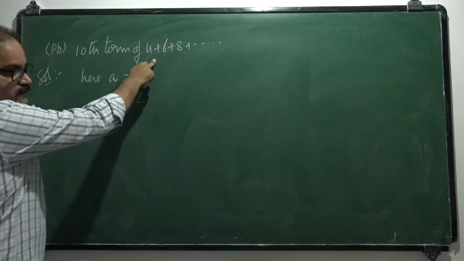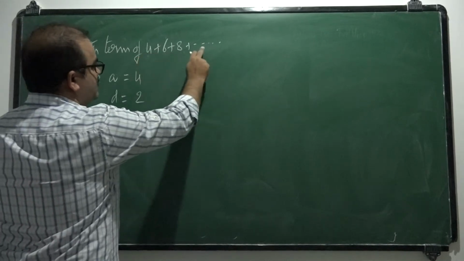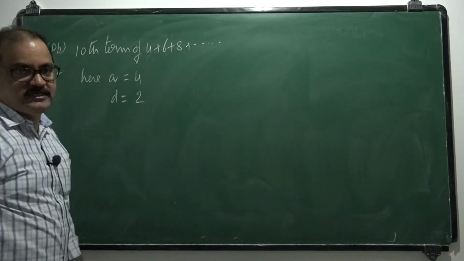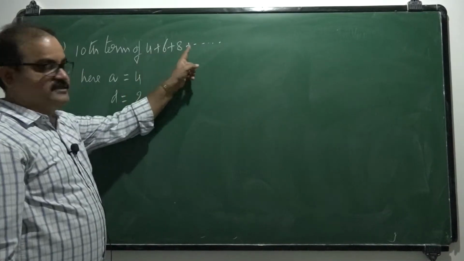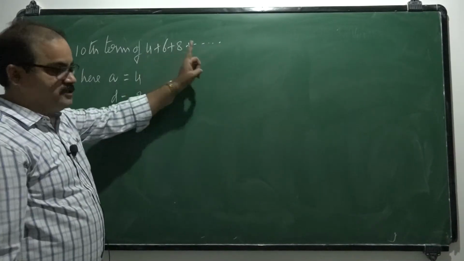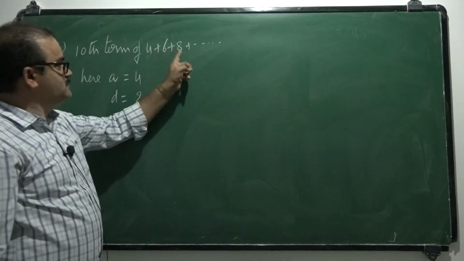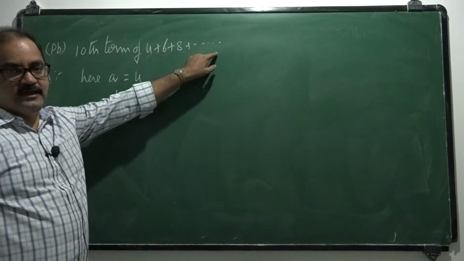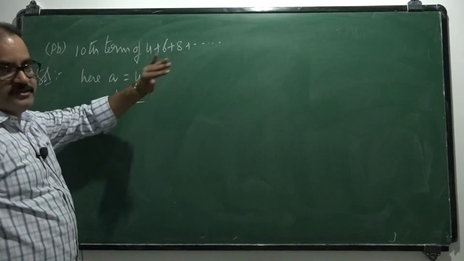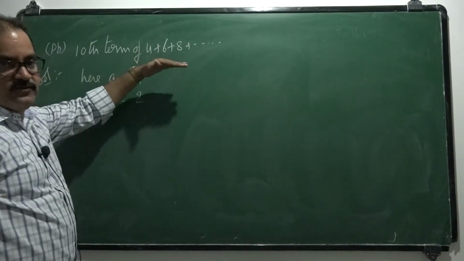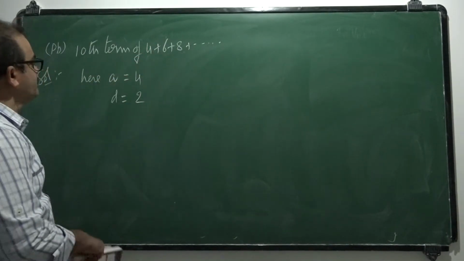First of all, we identify whether the series is in arithmetic progression or in geometric progression. If the common difference is constant, then that series is said to be in arithmetic progression. If the common ratio is constant, then it is said to be in geometric progression.